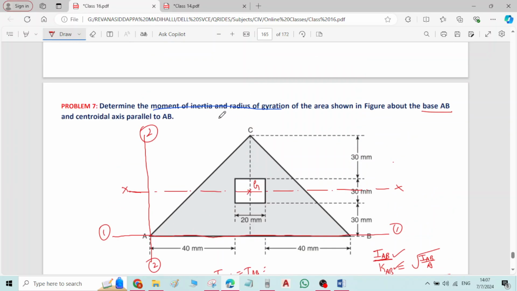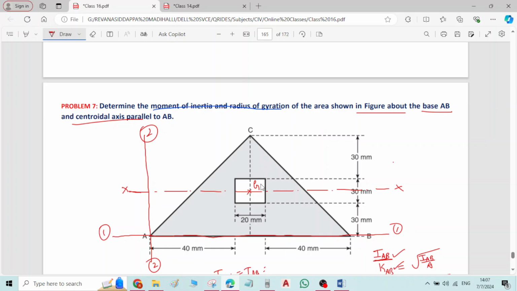In the problem it is asked to find the moment of inertia and radius of gyration for the shaded area. Actually it is not mentioned in the question to find it for the shaded portion, but by default it is understood. If an unshaded portion is given, you have to find the moment of inertia or the radius of gyration only for the shaded portion.